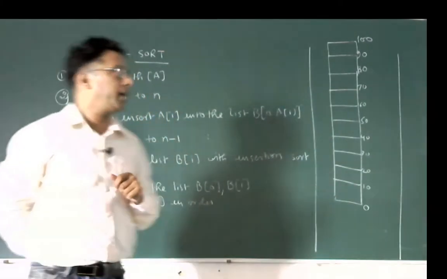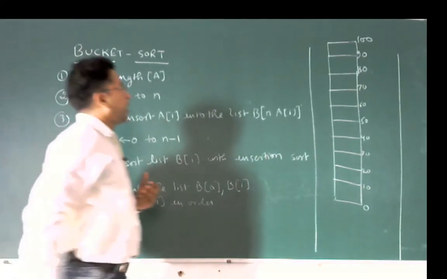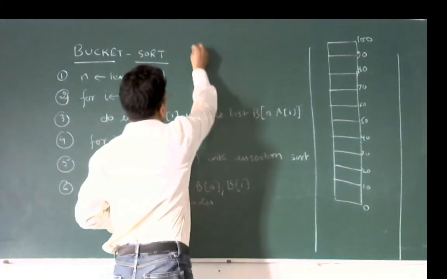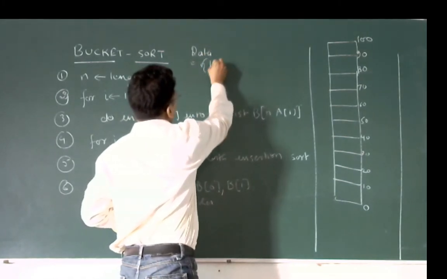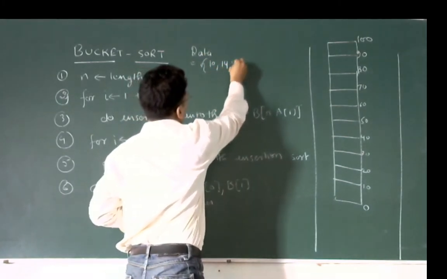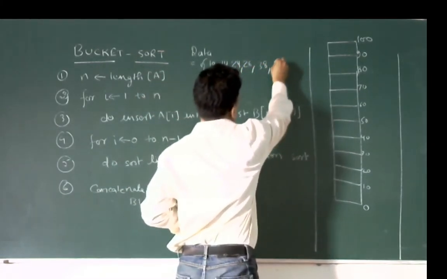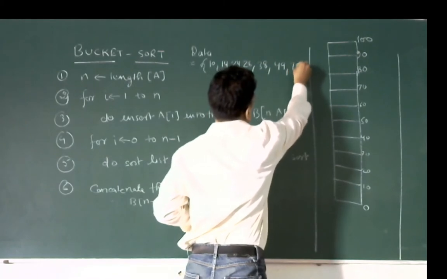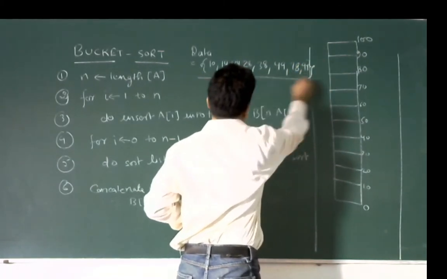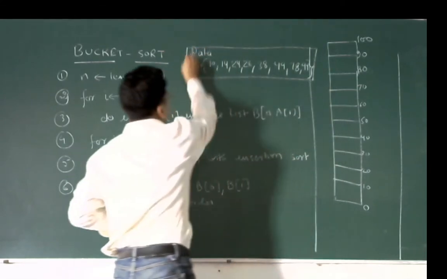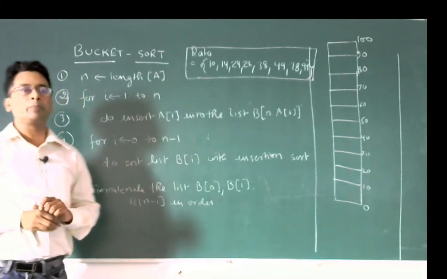Now suppose I have data like this: 10, 14, 24, 28, 38, 49, 78, 99. This is the data that I have and I want to divide this data into these buckets.